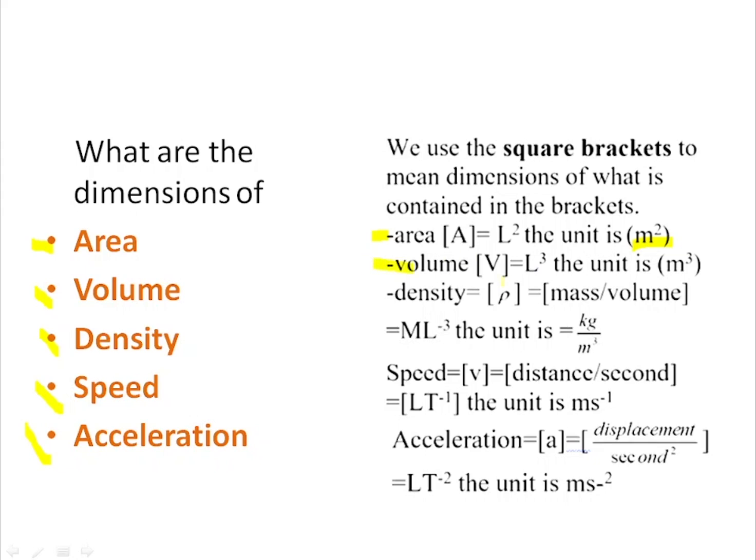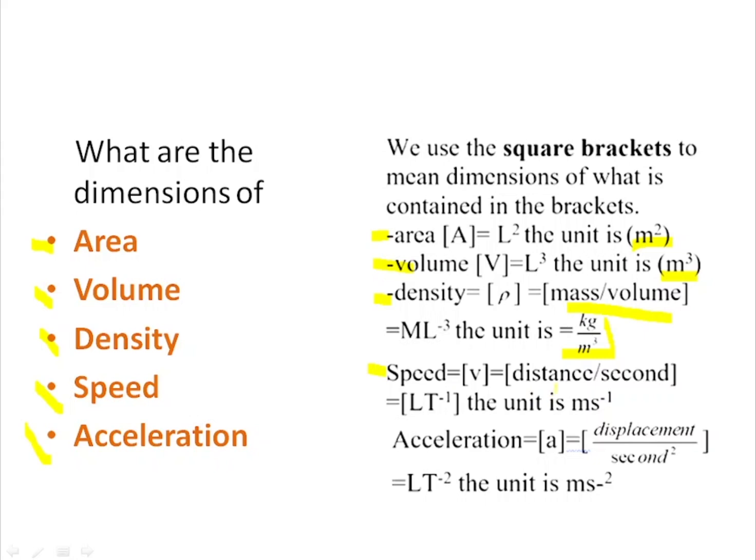Volume, the dimension of volume is written in form of the square brackets with V inside, which is equal to L cubed. That is, the unit is m cubed. Density, rho, is equal to mass per volume, which is equal to M L to the minus 3, and the unit is kilogram per meter cubed.